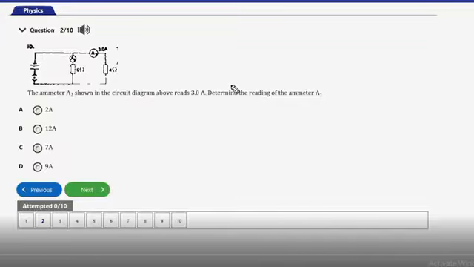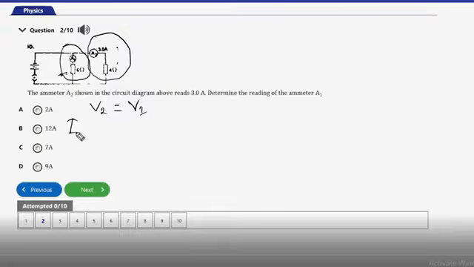So this connection shows that ammeter A1 and ammeter A2 are in parallel connection to each other, which means that the voltage here and the voltage here and the voltage here are the same.